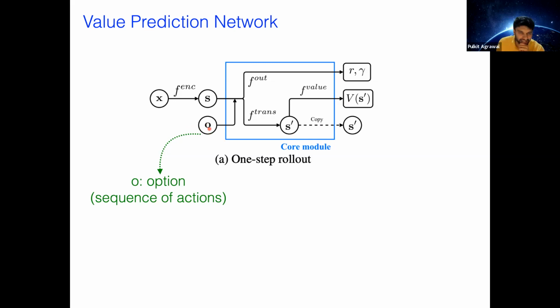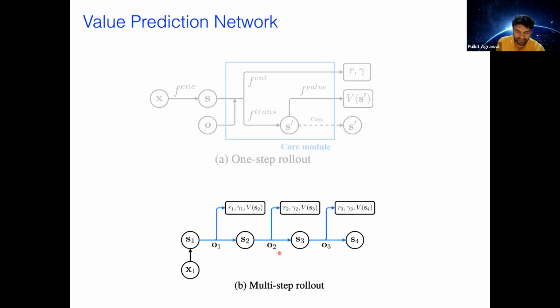And the input over here, instead of it being just one action, it is a sequence of actions. It could just be one action also. Now this is what is happening at one step, but we can roll it out at multiple steps. And this is exactly what we were seeing with respect to Dreamer.